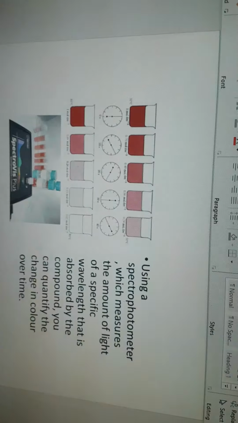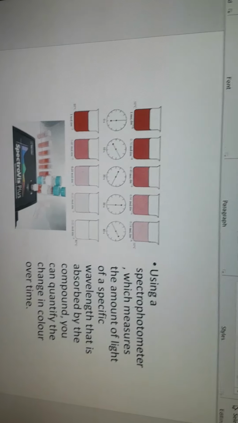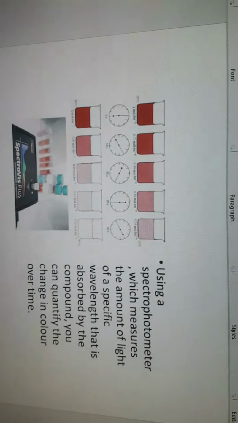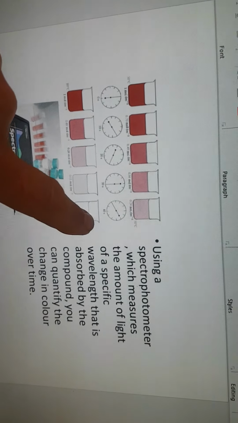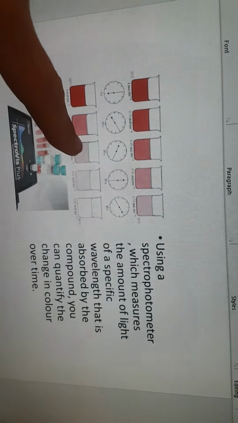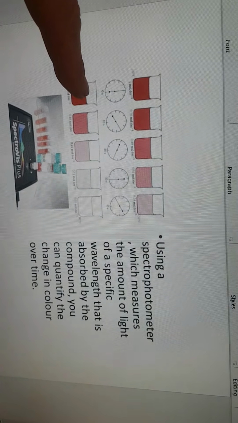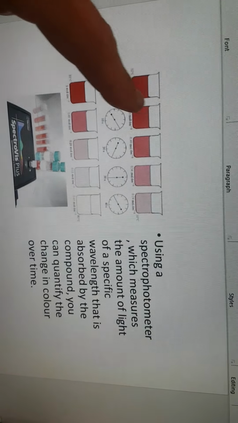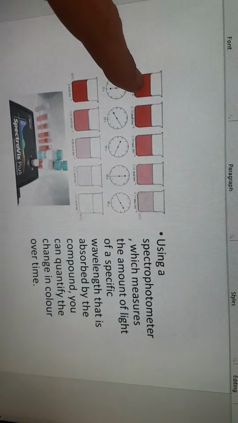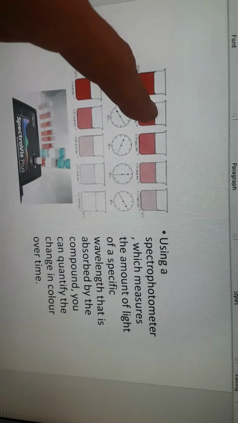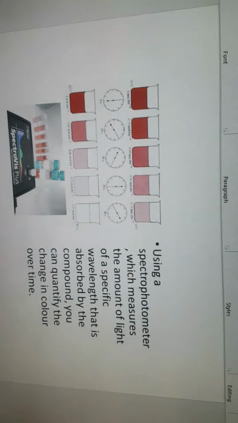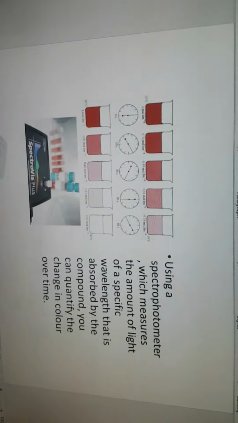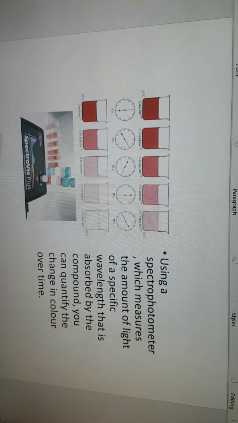What if it is not produced? Well, some reactions involve a colour change. Sometimes you could start with a colourless solution and one of the products is coloured, so the colour intensity gradually increases. Could go the other way around, of course. You start with a coloured solution, one of the reactants is coloured, but the products are colourless, and the colour intensity gradually goes down. Now you can monitor the change in colour intensity.